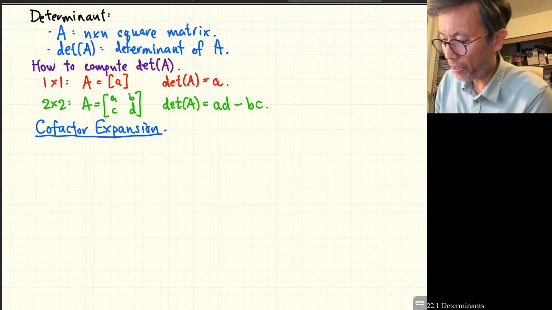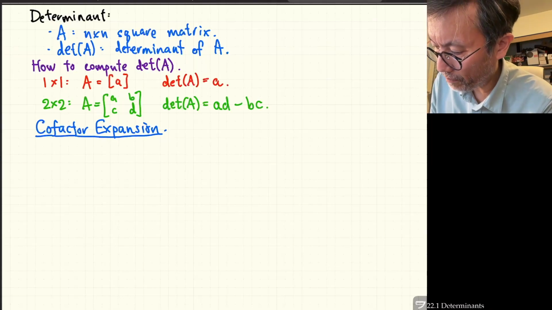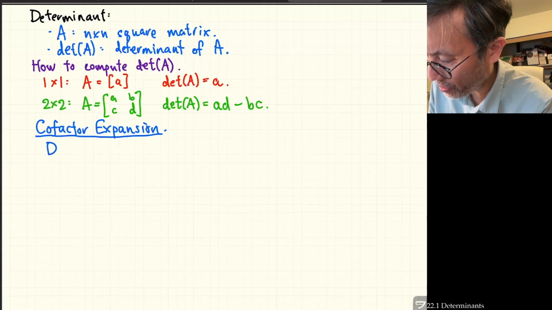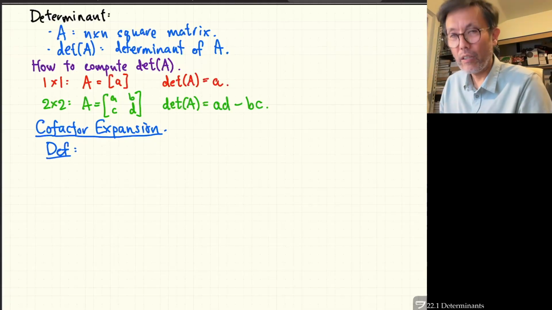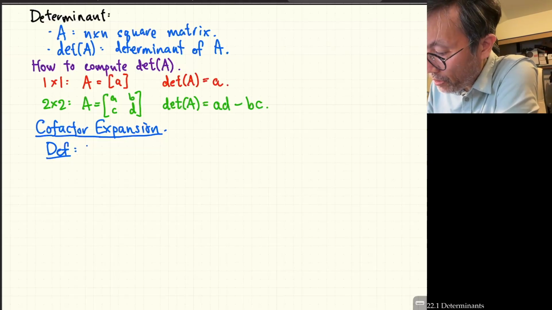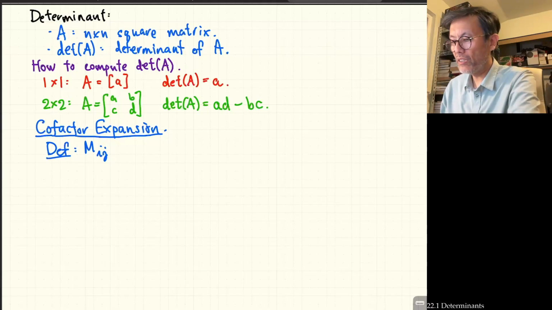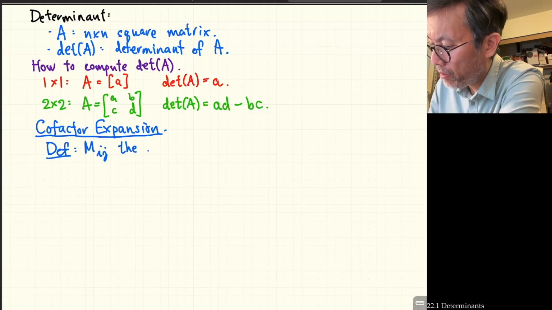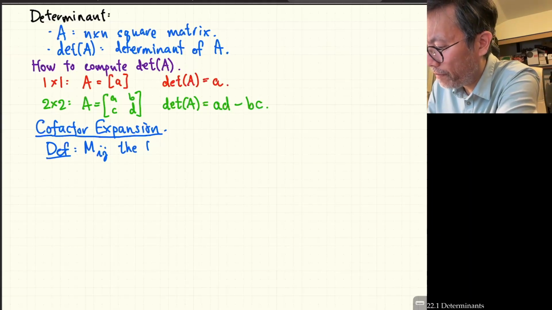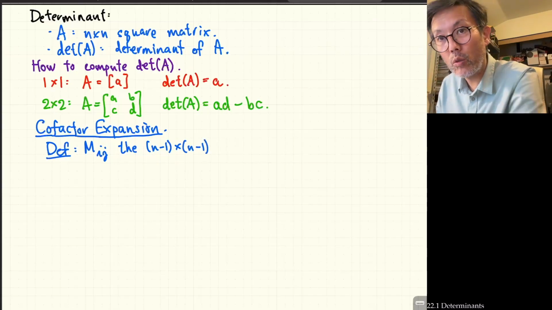So let me make the following definition. Given a square matrix A, I'm going to define M sub ij, and this is the matrix, and we'll assume n minus 1 by n minus 1. So it has one less row and one less column.